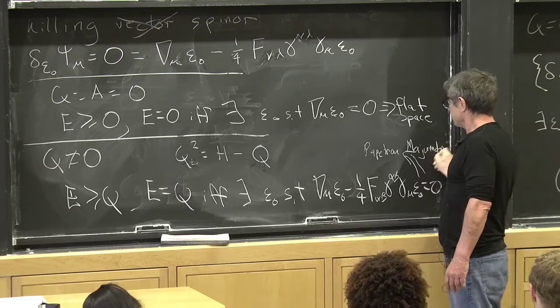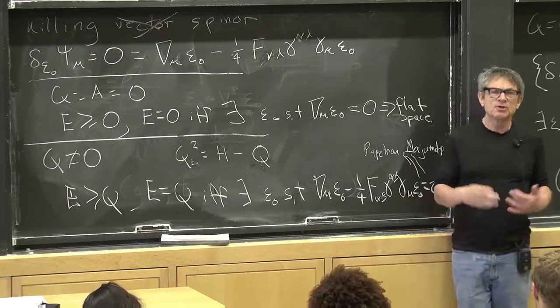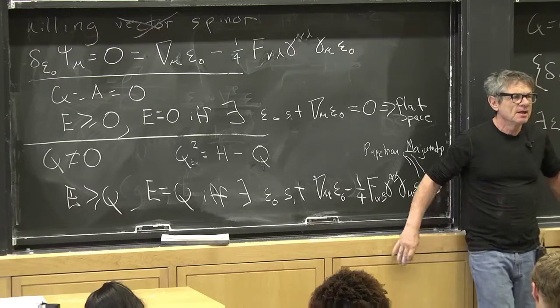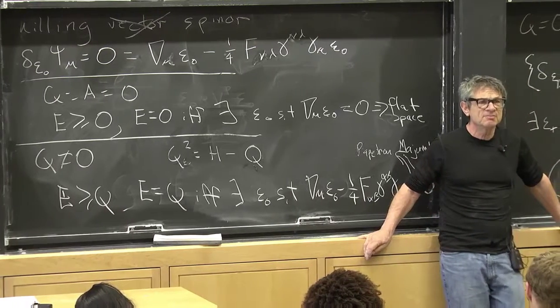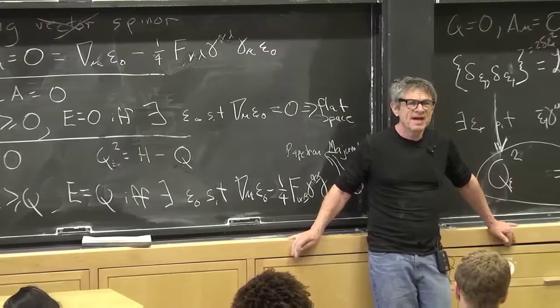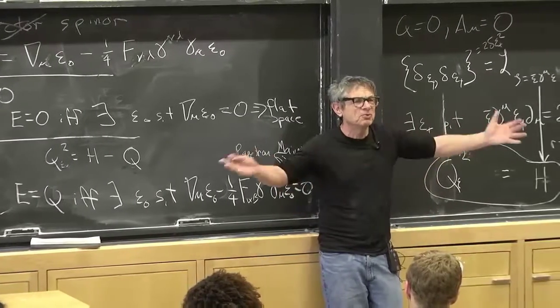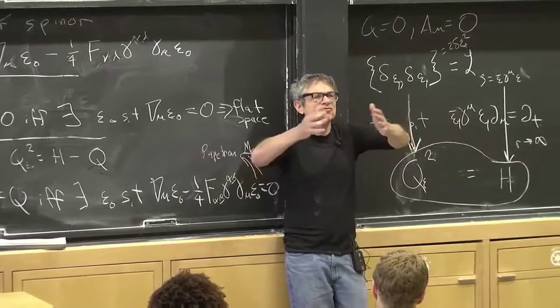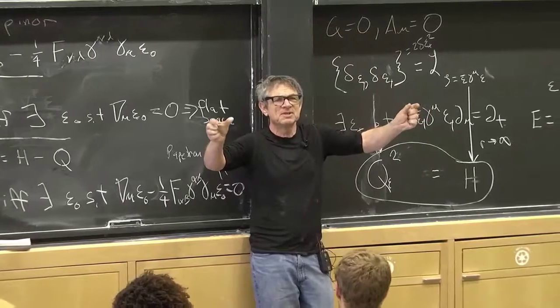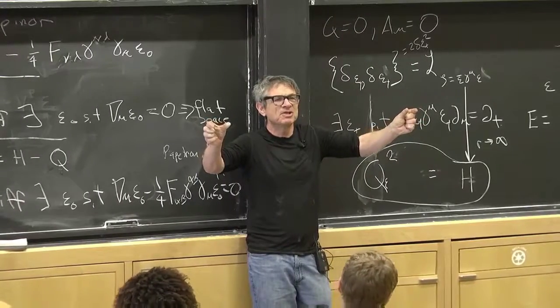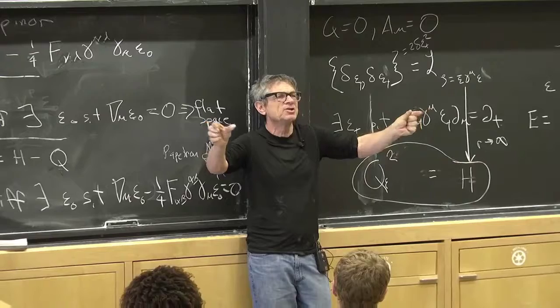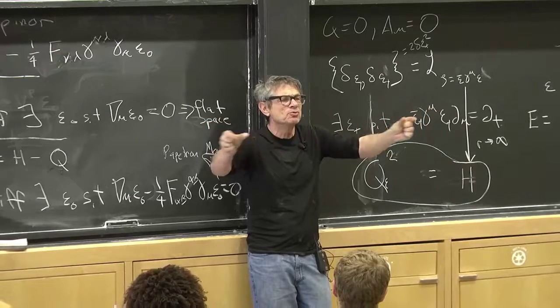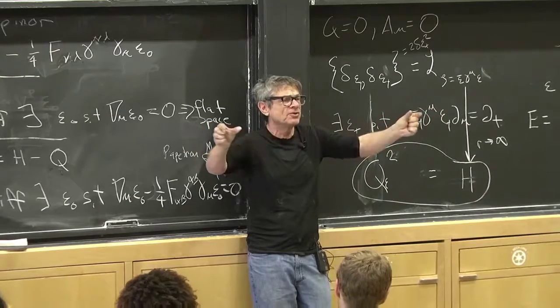So these Papapetrou-Majumdar metrics are supersymmetric. They saturate this bound, and that's why there's no forces between the black holes. If there were a force between the black holes, that would mean there would be a linear change in the energy of the configuration if you moved them either closer or further.